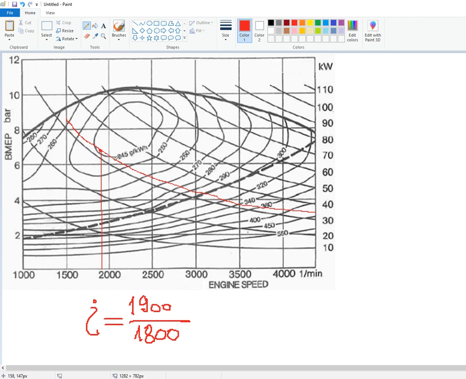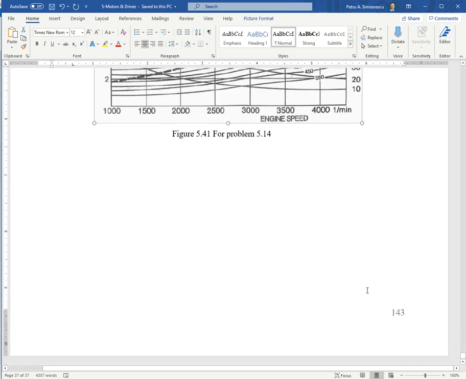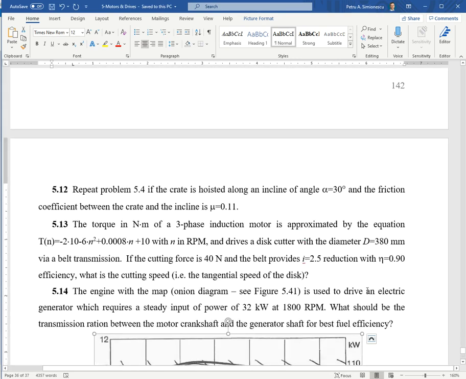So 19 over 18, a transmission ratio of slightly over 1.06, 1.05. That will be it if I use a belt. Of course, you would like that to be a timing belt, so as not to lose any sync or speed or have any slip.